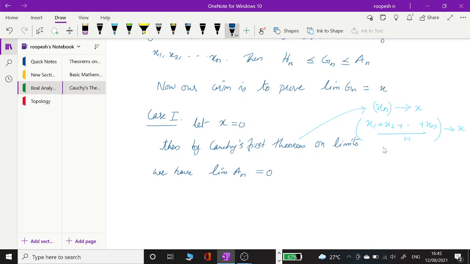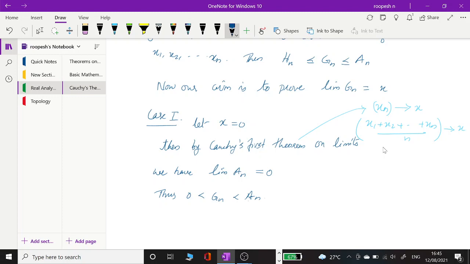See, all are positive quantities, so Hn should be 0, right? So thus 0 less than Gn less than An.